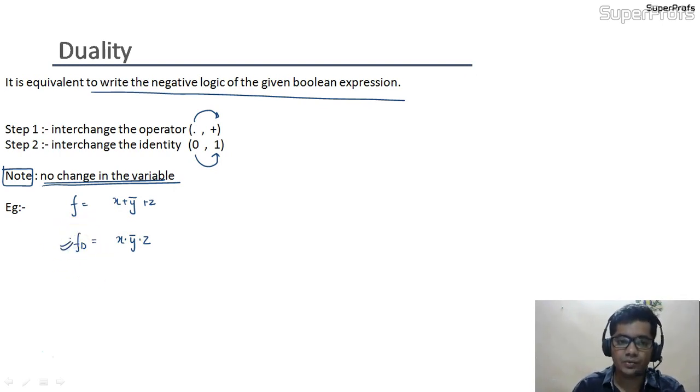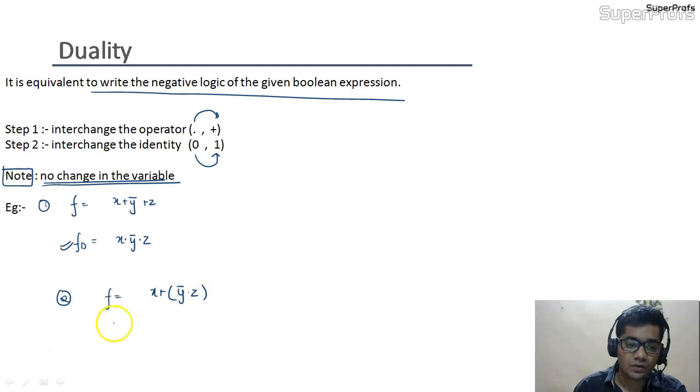This is our dual form. This is the way to get the dual form of any expression. So this is example 1. Now take another example, f = x + y'·z. What would be its dual form, students? Just change the operators: x·y' + z.